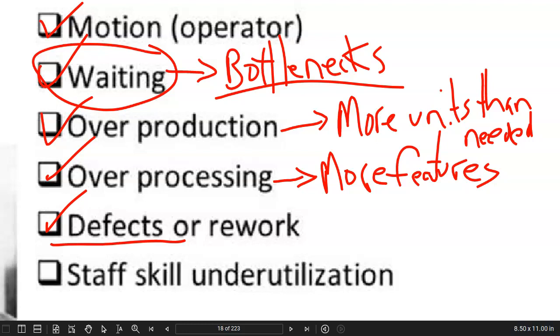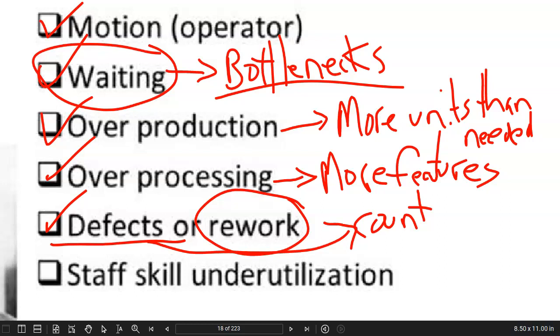But if we do catch a mistake before it hits the customer, we'll often send it back for further rework. So sometimes we're actually counting the number of defects, or in a rework situation, we are measuring the amount of excess time and resources it took to provide that rework.